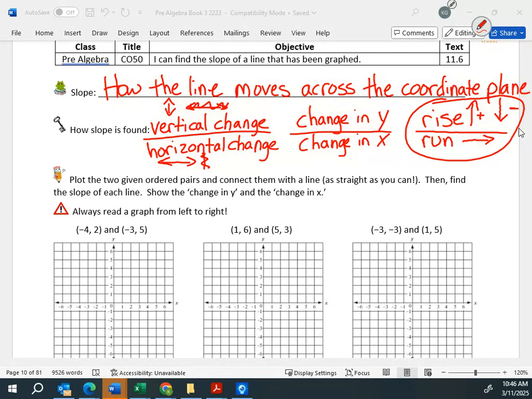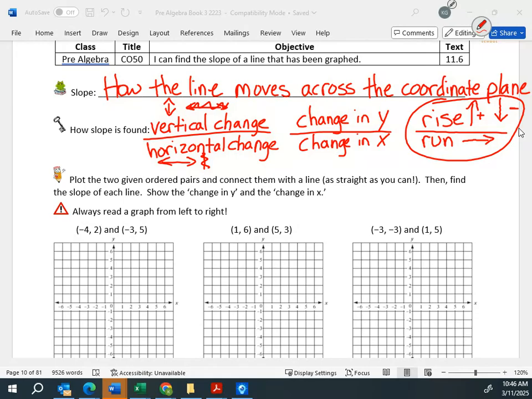We're going to plot the two given ordered pairs, connect them with a line, be as straight as you can be, but just like yesterday, we're not going to rely on our drawing to know what ordered pair we're going to put in there. We're going to make sure and prove it mathematically that the ordered pair we're going to find actually will be on that line.